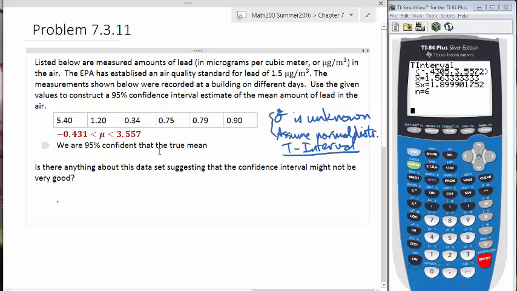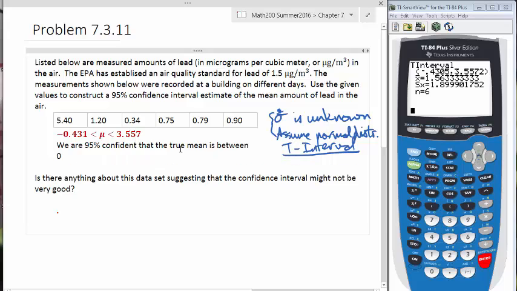And then we'll mention that the true mean is between. We have a negative here. I can't imagine measuring something with a negative micrograms per cubic meter of lead, so we'll do it with 0, and then we'll say 3.557, and we'll use the microgram notation, micrograms per meters cubed. So here is how we would say this result in words.